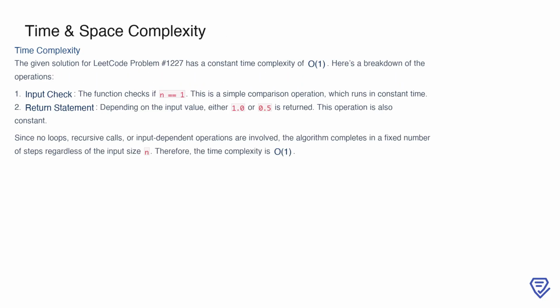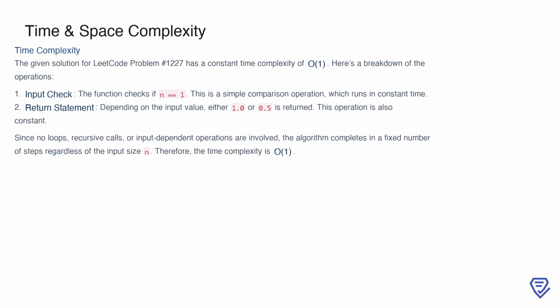Here, we analyze the time complexity of the solution for problem number 1227. The algorithm is incredibly efficient, with a constant time complexity of O(1). First, the function checks if the input n equals 1. This is a simple comparison operation that takes constant time, regardless of the value of n.